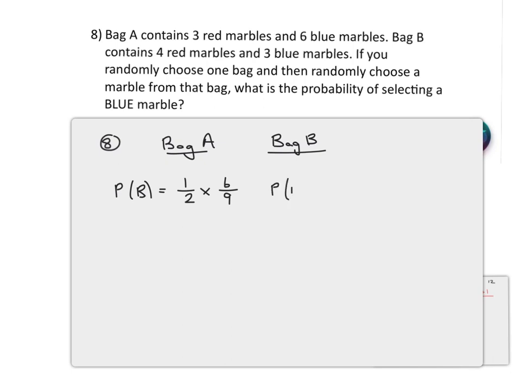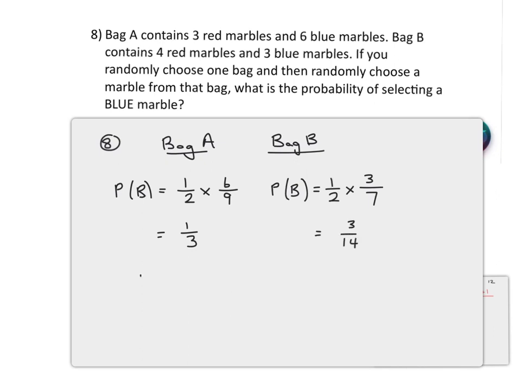The probability of blue from bag B is going to be 1/2 for choosing bag B, and then we know there are 3 marbles in bag B that are blue and 7 altogether. So this equals 6/18, which I think is 1/3, and this one equals 3/14.